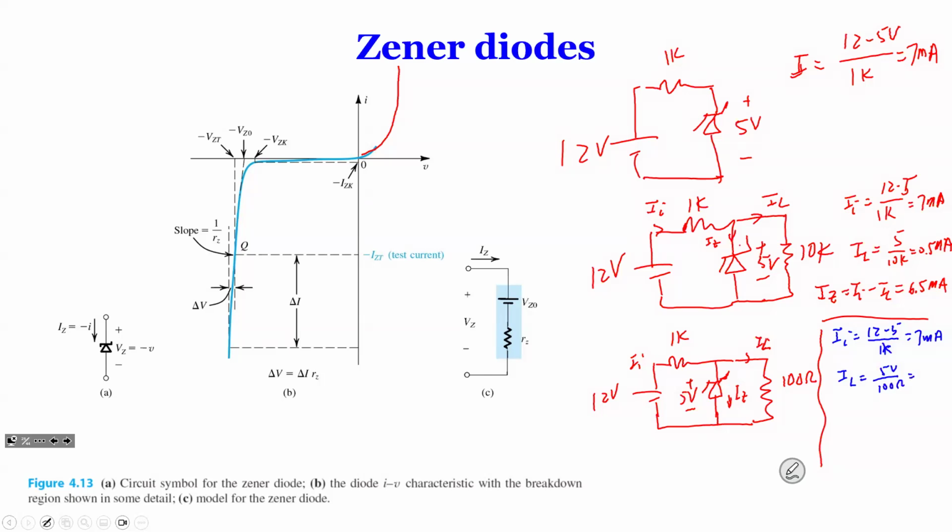That gives you how many milliamps? 50 milliamps. So now you see what is IZ. If that gives you 50 milliamps, but the source only supplies what? 7 milliamps. Where did that 43 milliamps come from?